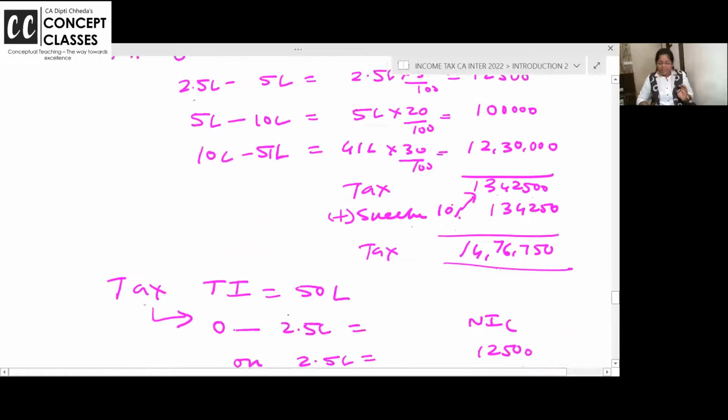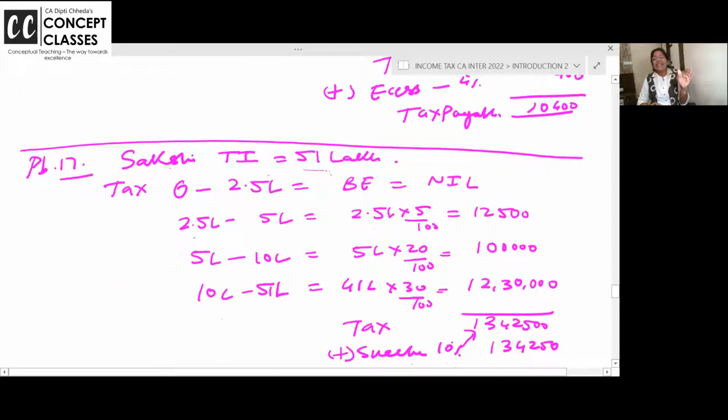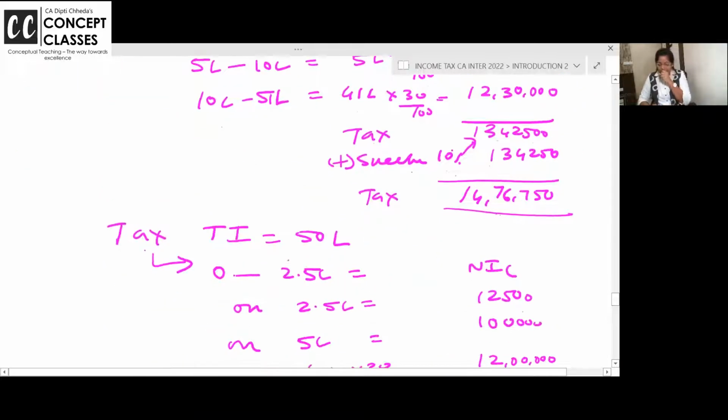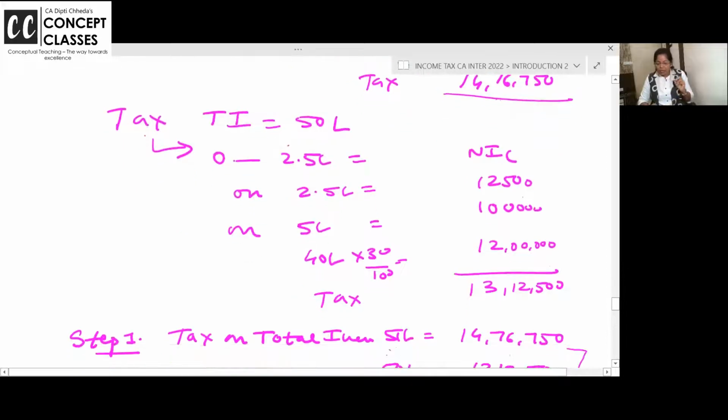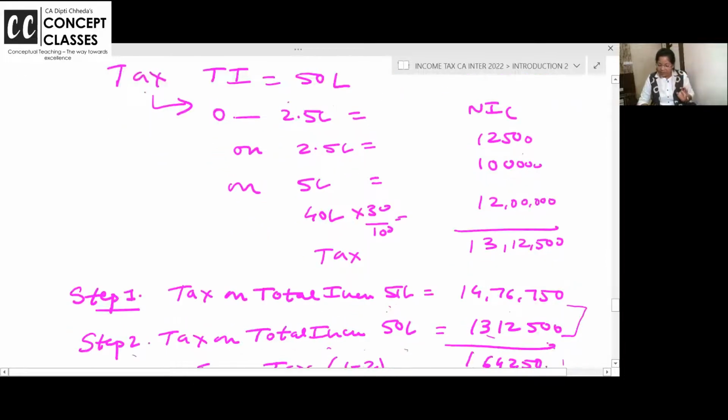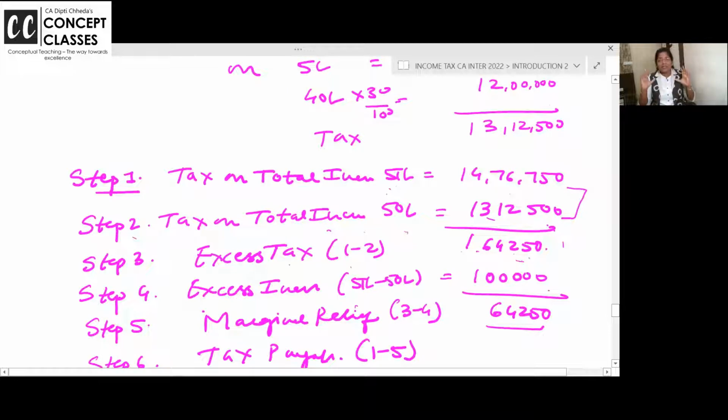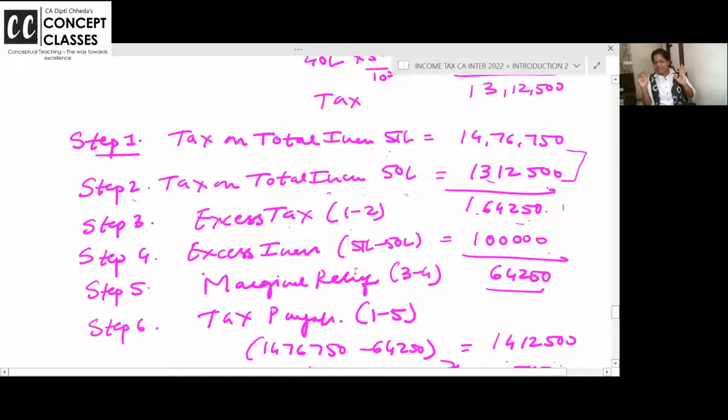Now, what is your step 1? Calculate the tax on 51 lakhs including surcharge. Step 2: tax on total income of 50 lakhs, 13 lakh 12,500. Now let us write it in step form with understanding.